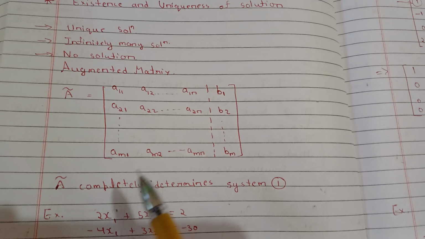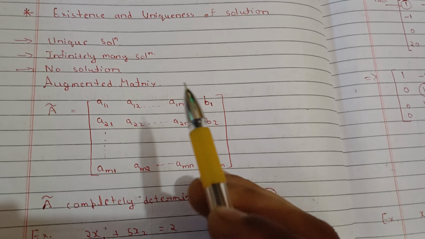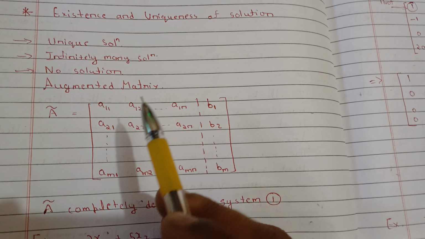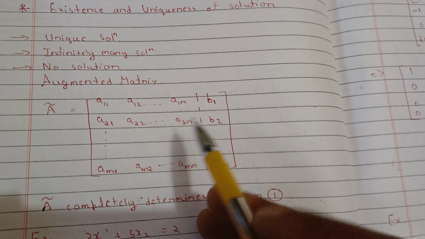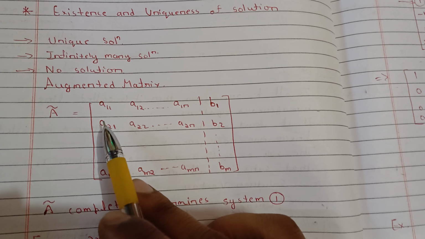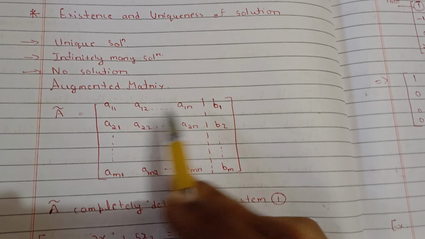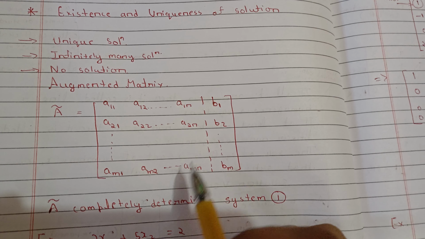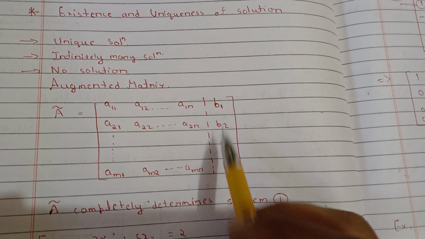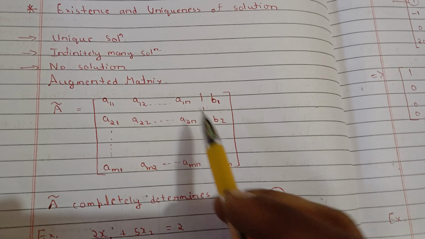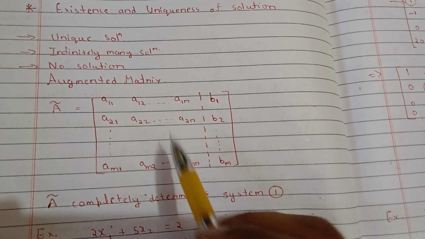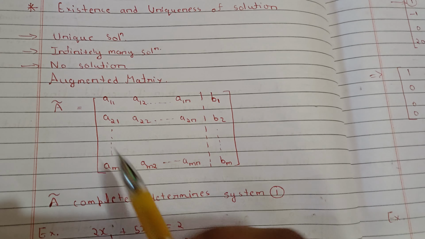First, if any system is given, we will write the augmented matrix. The augmented matrix is nothing but you can write in this form: all the coefficients will be in this space, and the right hand side will be here, b1, b2, up to bm. That's how you can write the augmented matrix. Just keep it in mind how you write it.